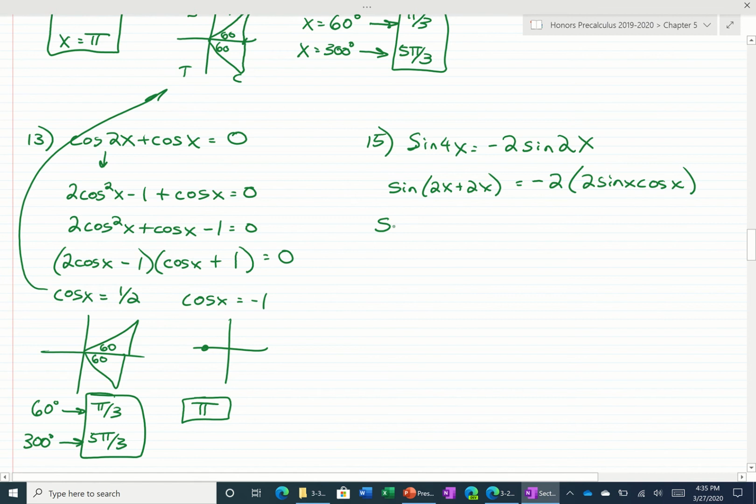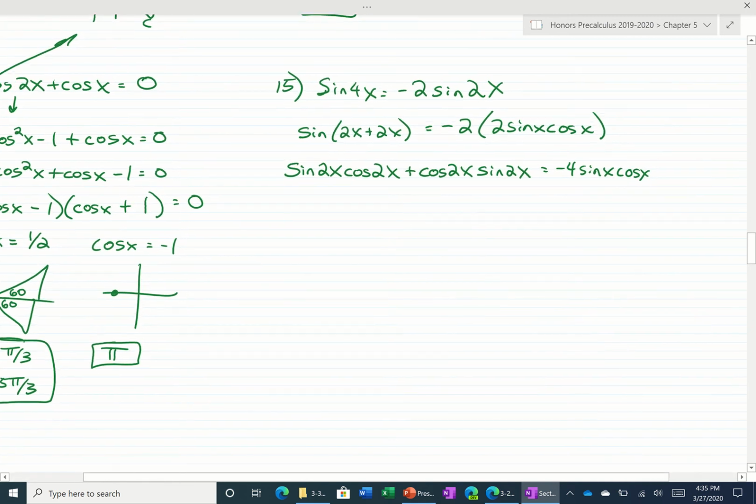Using the sum and difference formula, this would be the sine of 2x cosine of 2x, and then same sign, cosine of 2x sine of 2x, equals -4 sine of x cosine of x. Sine of 2x would be 2 times the sine of x cosine of x, which is a double angle formula.